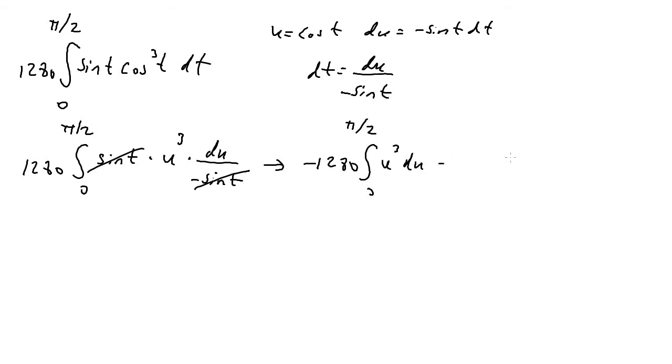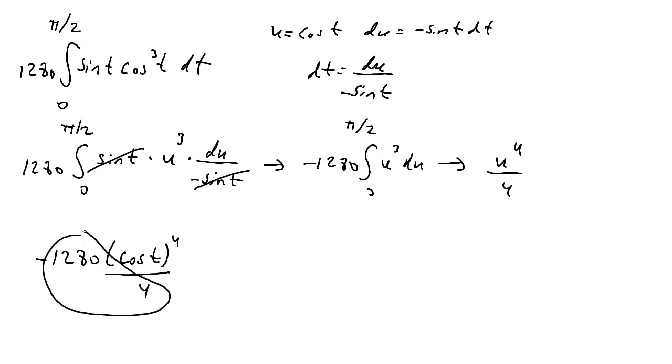Now the integral of u cubed is obviously just u to the 4th over 4, and so we can substitute back in for u, and don't forget we do have a constant, so we have negative 1280 times cosine of t to the 4th over 4. Now we'll go ahead and group these two together. So 1280 over 4 will be equal to 320, so we have negative 320 times cosine of t to the 4th power.